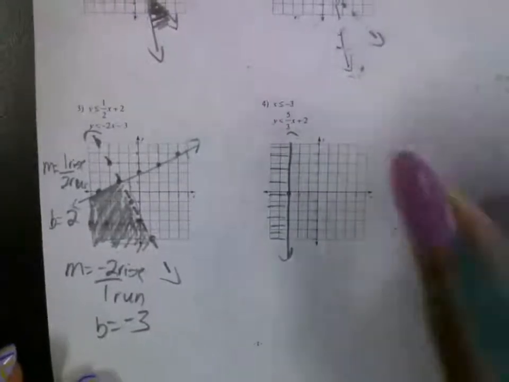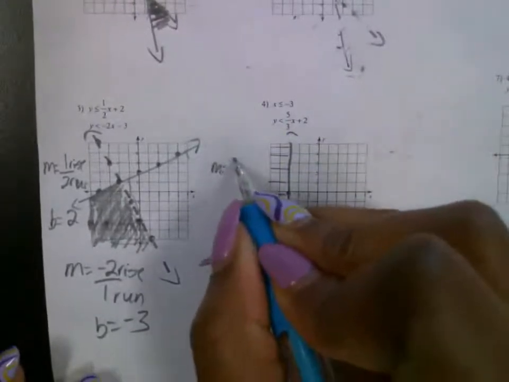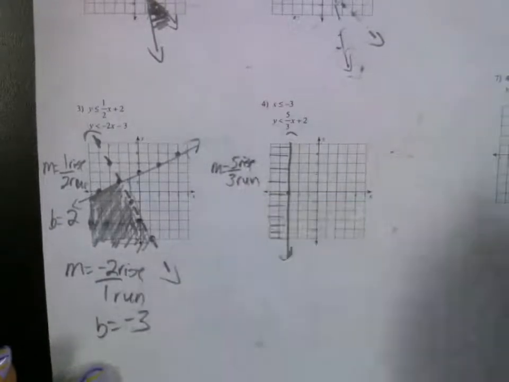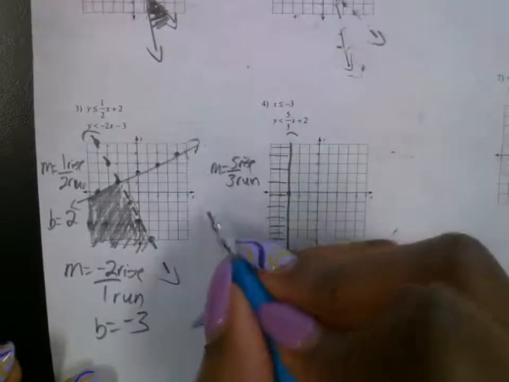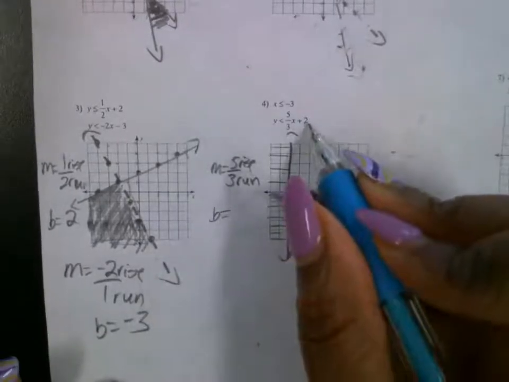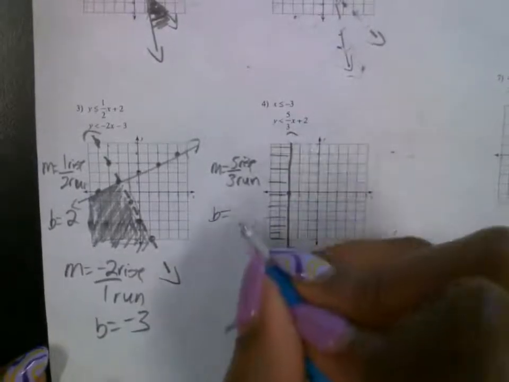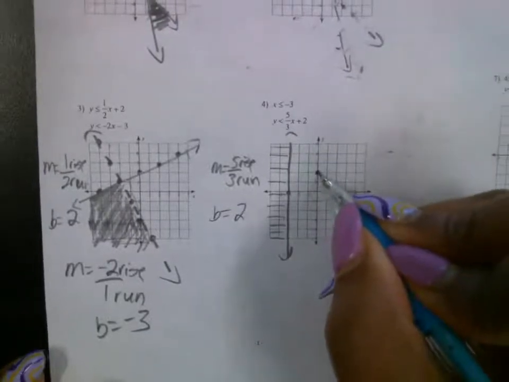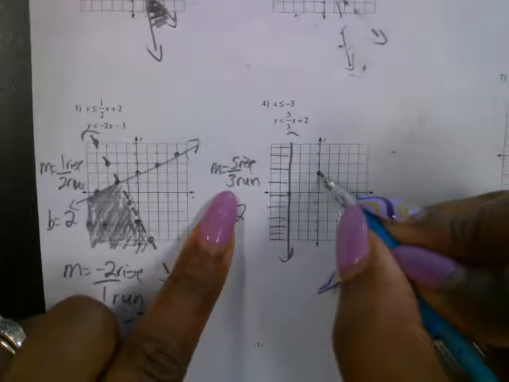Okay, let me put it on this side so I can have space. This is your rise, this is your run, okay? Your B is +2.